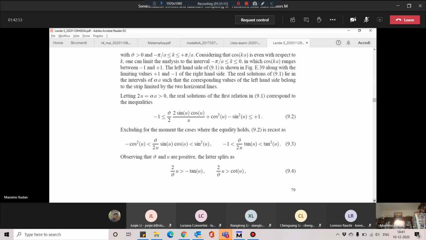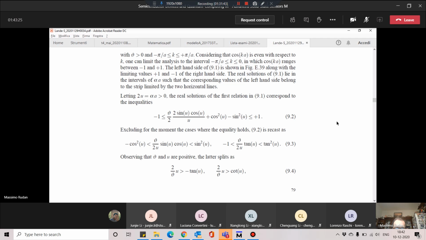What is the meaning? The meaning is that U is proportional to alpha, so it is the square root of energy. 2 times U over theta, where theta is the limit, you remember, that we have at the left-hand side, the limit of B beta squared times alpha divided by 2.